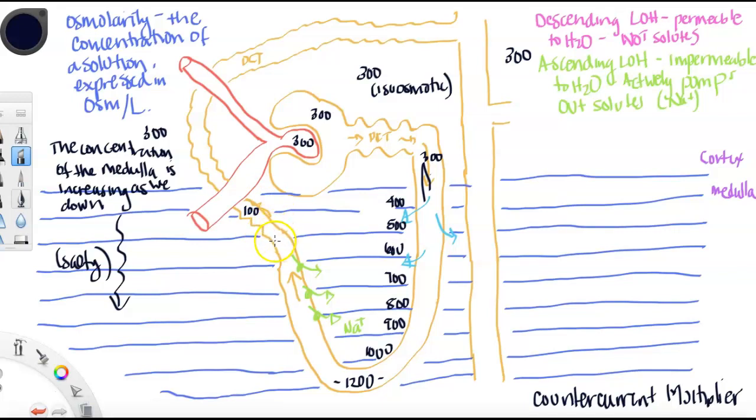Okay, once we get to the distal convoluted tubule and the collecting duct, these two tubes are affected by hormones.